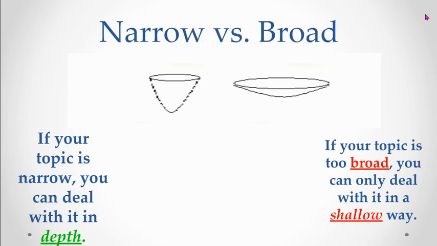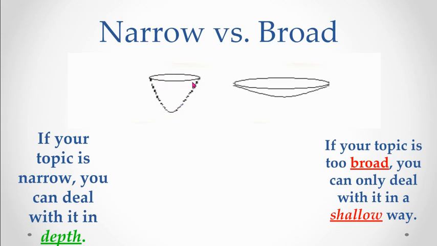Now, an important concept to understand when it comes to writing a research question is the difference between a really narrow question, as I mentioned, and a really broad research question. So if your topic is nice and narrow, what it means is that you can deal with it in depth.